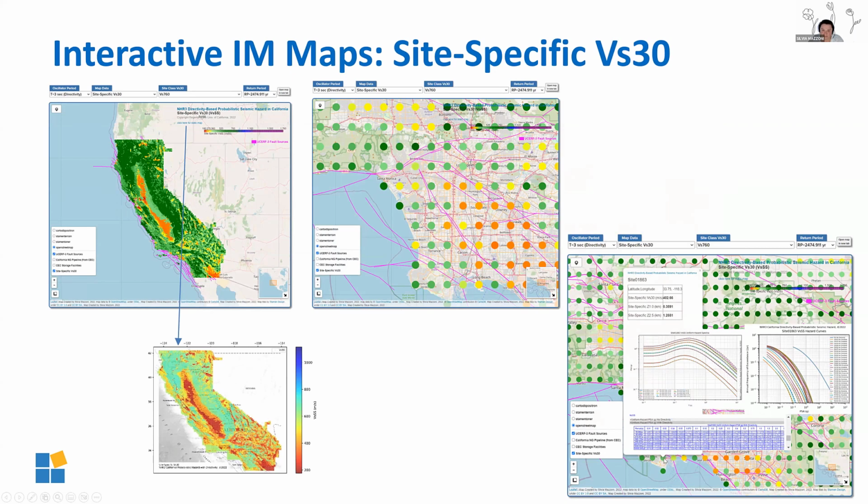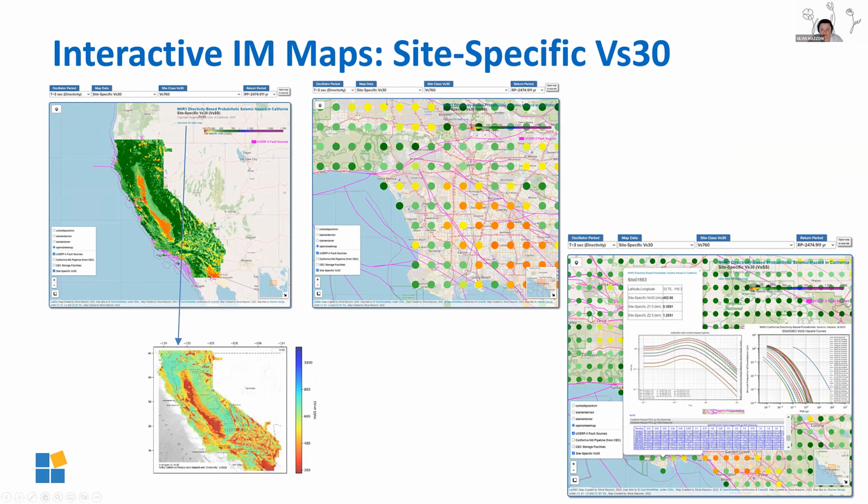And then if you click on a point, it gives you the uniform hazard spectra for that site and that VS30, as well as hazard curves for the period that you've selected in the pull-down menus. And then it gives you a bunch of tables that you can just open and close in this little pop-up window. So it's a very busy pop-up window, but I wanted to make sure that you've got access to all the data in one location.